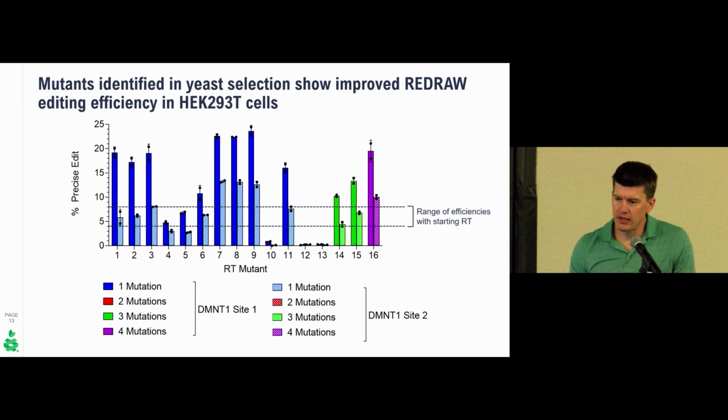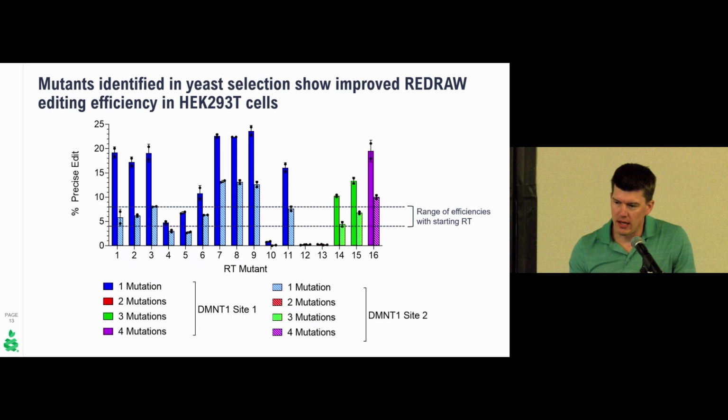What you can see is that over half of the mutated reverse transcriptases are actually superior to the starting sequence, and a lot of them are in the 3 to 5-fold better range for activity than the starting sequence.